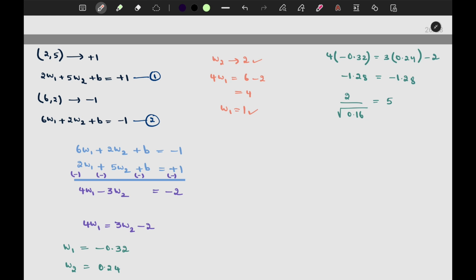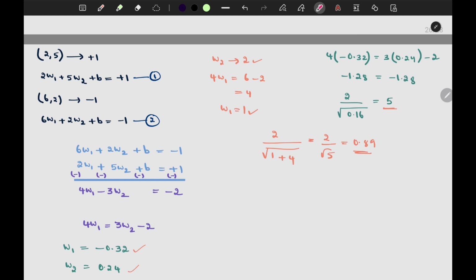That is where we'll be taking the values of w1 and w2 as final values. So 2 divided by square root of w1 square, which is 1, plus 2 whole square, which is 4. It's 2 by square root of 5. So here I'll be getting some value around 0.89, which is less compared to 5. Correct? That is why we have calculated these values and we are keeping these as final values.